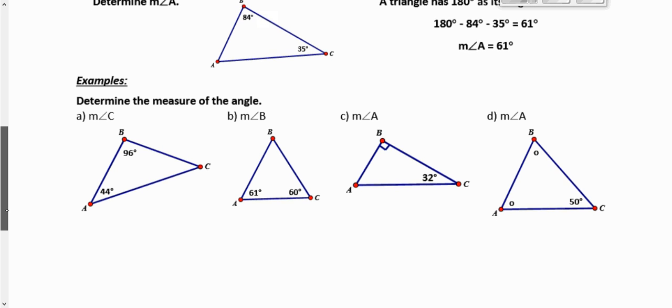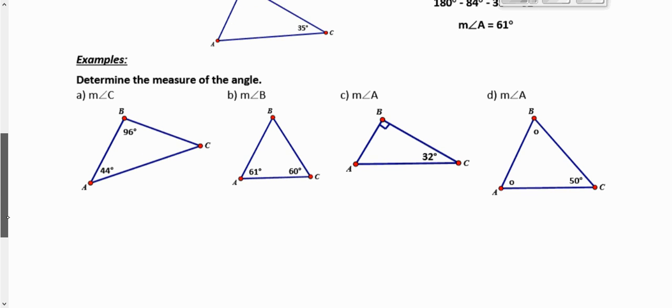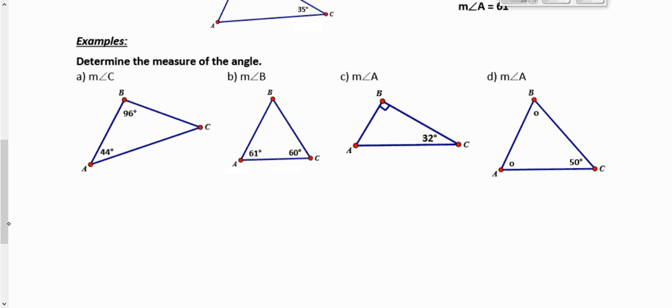All right. So take a minute right now. I want you all to do A, B, C, and D here. Okay? A, B, C, and D. Find the missing angles. D is a little bit different. So by the way, when you get to D, let me just show you.